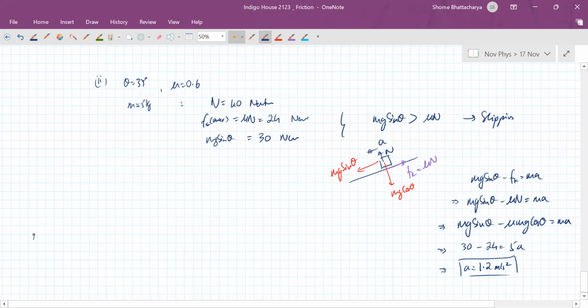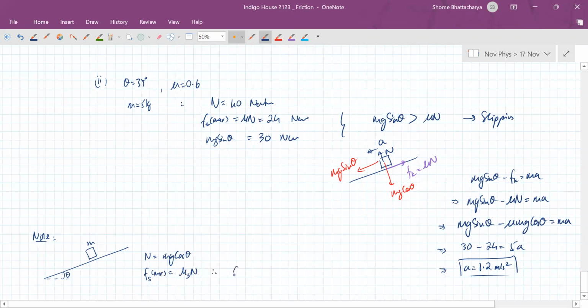So now we can make a theorem out of this. We can see that for a block of mass m on an inclined plane, normal reaction is mg cos theta, and limiting static friction is mu s into n.